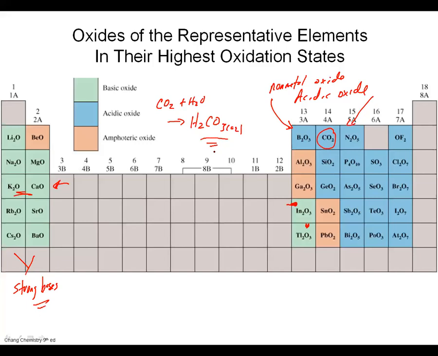And then we do have some amphoteric ones. A reminder, amphoteric means it can act as an acid or a base, and it could go either way. There are a few of those littered over here on the right as well as the left-hand side. So these oxides, when they react with water, will make a base, make an acid, or could do either if it's amphoteric.